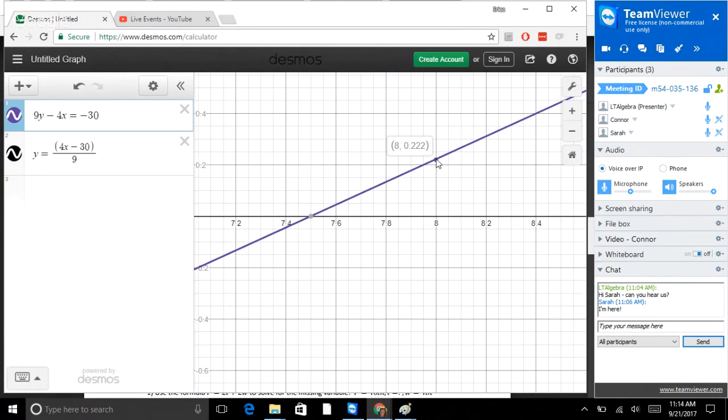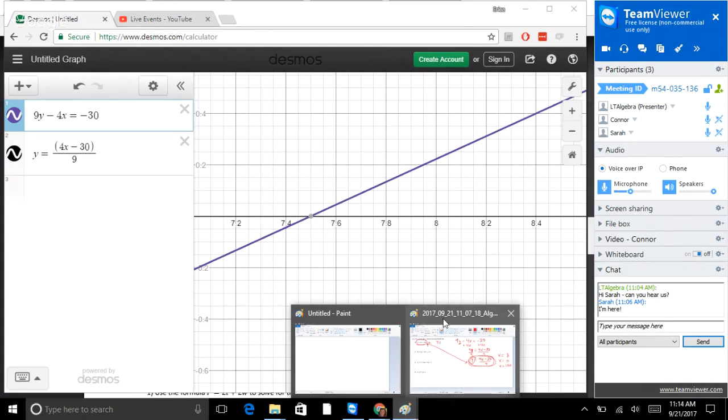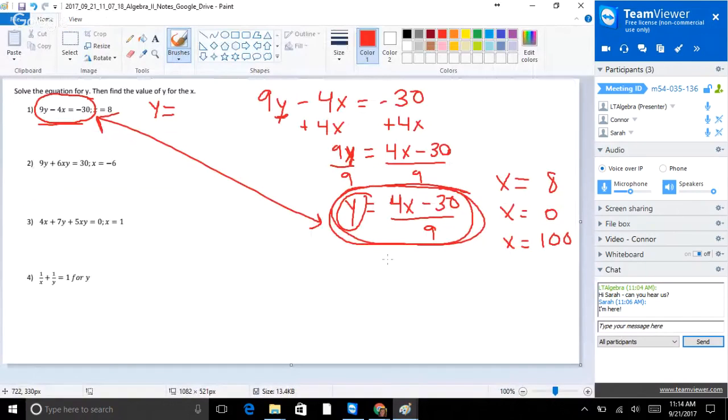Well, there we go. So when x equals 8, y equals 0.222222222, which actually happens to be 2/9. So that's one possible way to solve for what happens when x equals 8. The other way to solve is to plug it back into our equation, right?